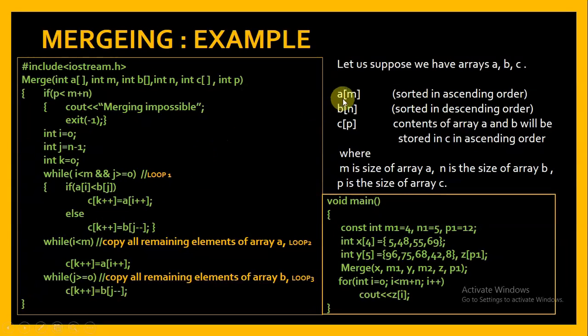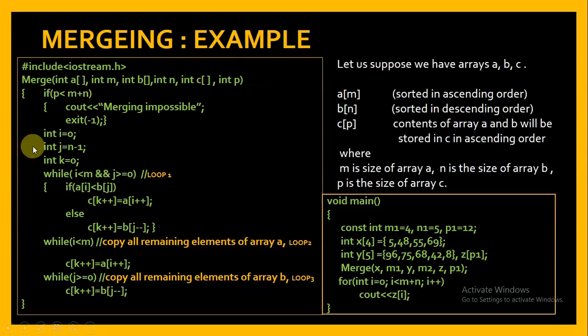I will read the array A from top but B from bottom, and k is equal to 0 in the beginning itself. So the loop is i less than M and j greater than or equal to 0. Since i is 0, it should go to each and every element of the array till M minus 1. That is why I have written i less than M. And j is N minus 1, so I am going backwards from bottom to top. So I have given the condition j greater than or equal to 0.